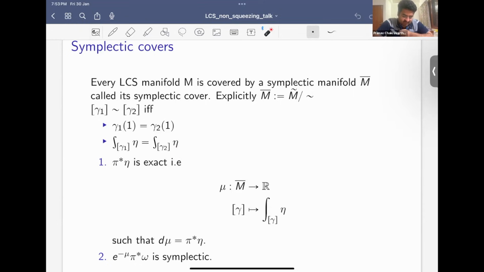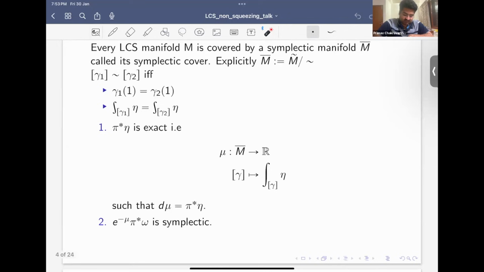And so basically this is making sure that this is a covering for which the closed one form is exact. So in fact, the primitive for the closed one form is given by this function mu, which is basically integrating out eta. And this is in fact a symplectic manifold. One can check that if I pull back my non-degenerate 2-form and multiply this by e to the minus mu, where mu was the primitive of eta, that's in fact a closed 2-form and symplectic.